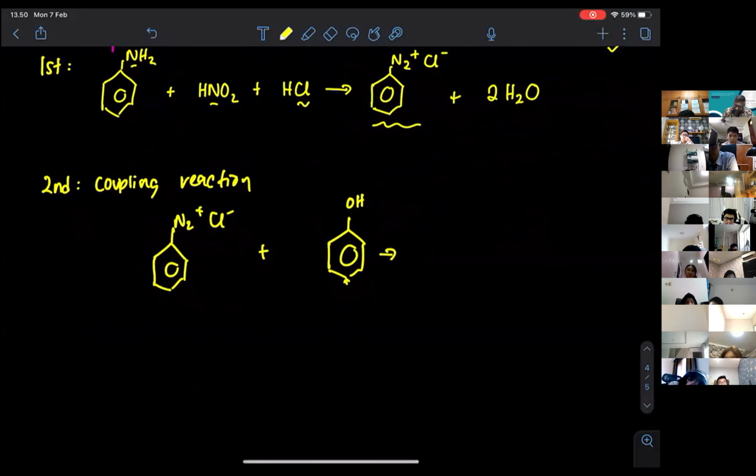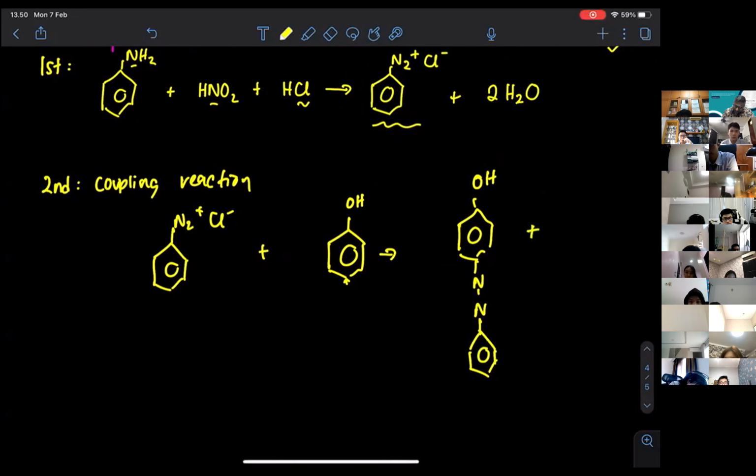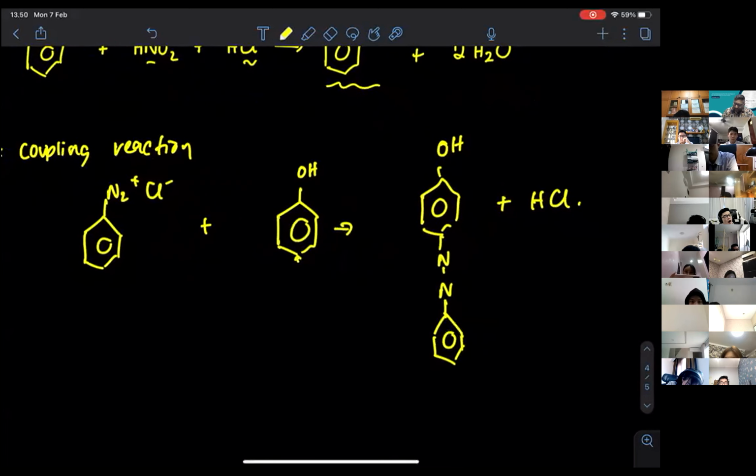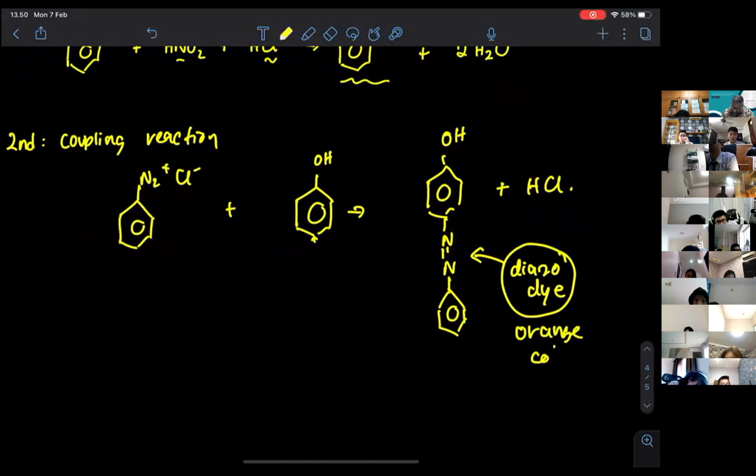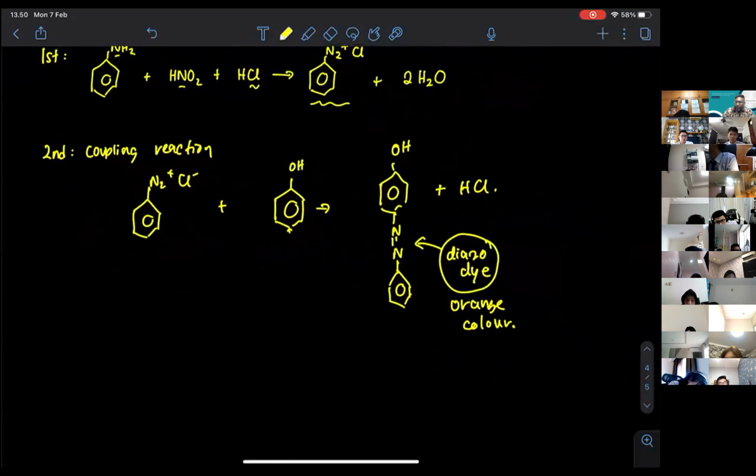So if I draw OH here, N, and then like this, N=N, and then plus HCl. This one is known as a diazo dye. This is orange color.